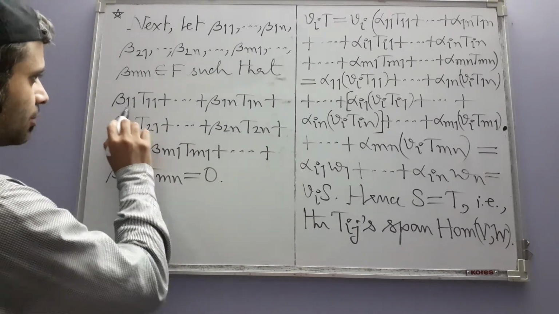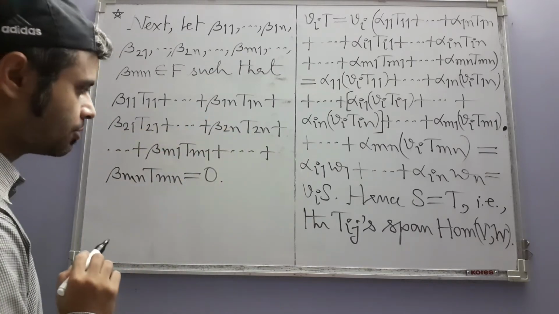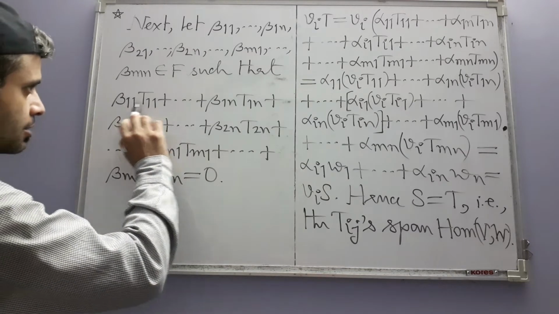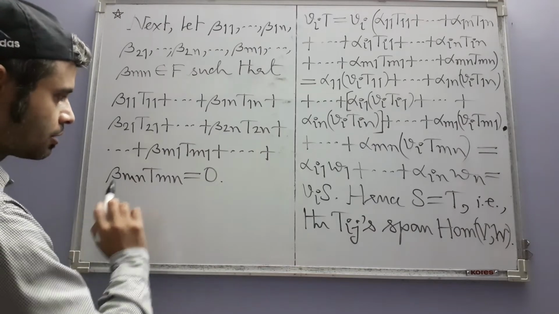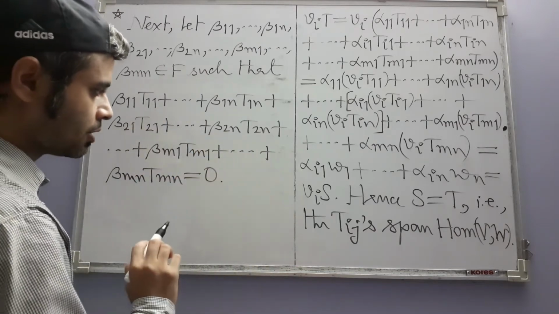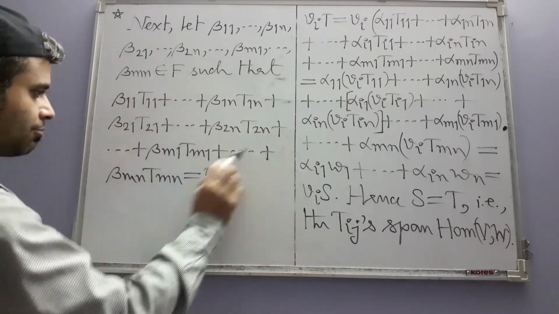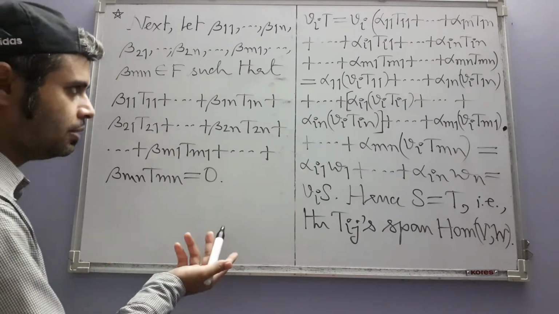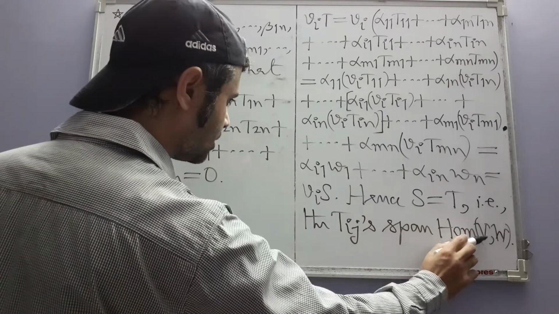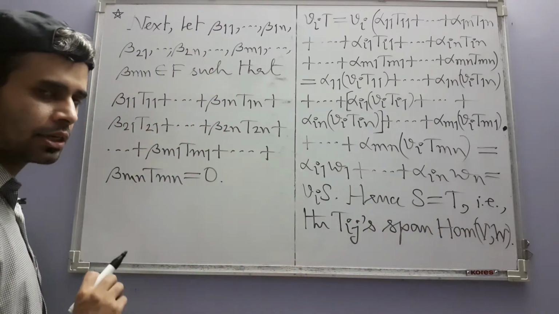Now we need to prove that all these beta ij's are equal to 0. This is a linear combination of some elements in Hom(V, W). After all, this is also a function from V into W, so we can apply it on any vector in V, in particular on the basis vectors.